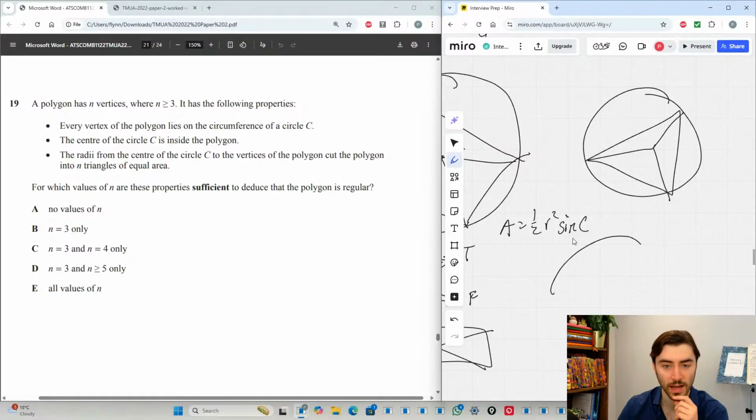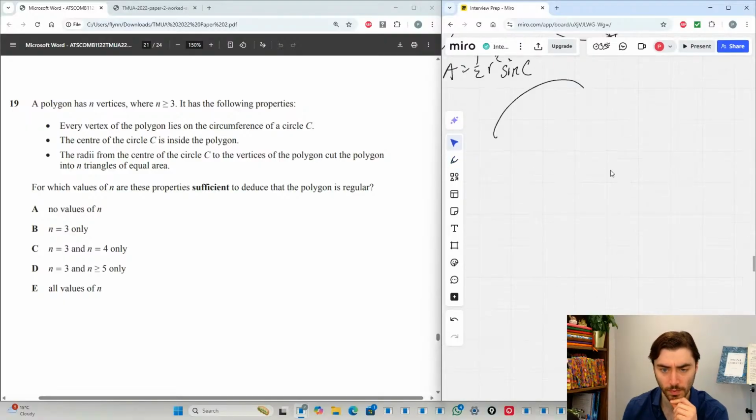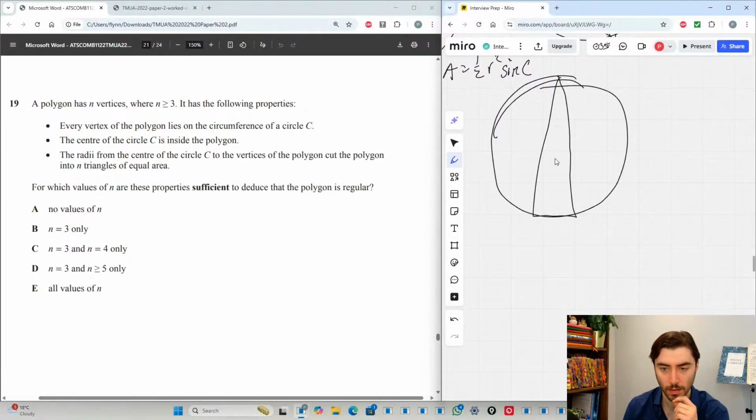So for instance, can I make a circle like this? Yes, I think I can. Where those are both, say, 150.